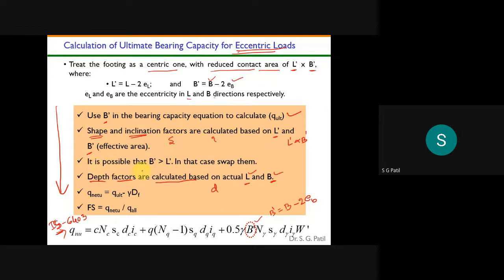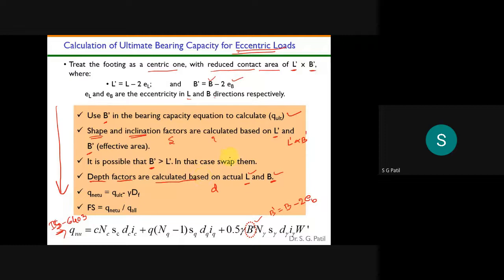It is possible that after reducing the dimensions, your breadth may be greater than your length. Then you have to interchange these dimensions. Whatever lesser dimension is there, you should take it as the breadth, and whatever higher dimension is there, you should take it as the length.